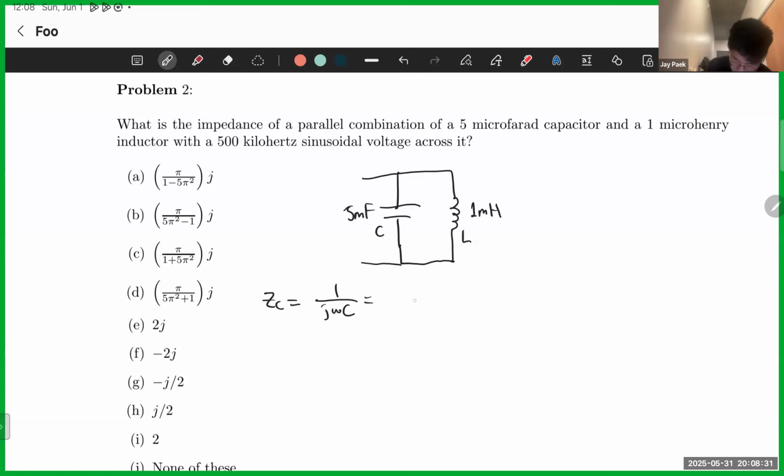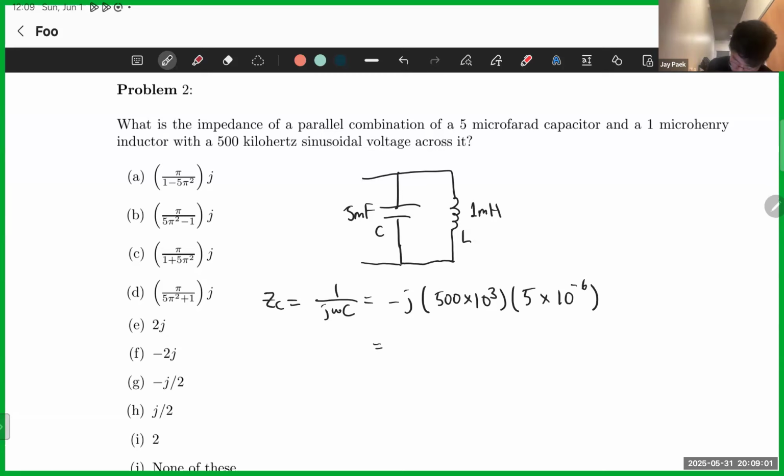Usually I like to write this as negative J, and then deal with the fraction. We have 500 kilohertz, so 500 times 10 to the 3. And then we have 5 microfarads. Someone tell me if I'm wrong, but micro should be 10 to the negative 6.